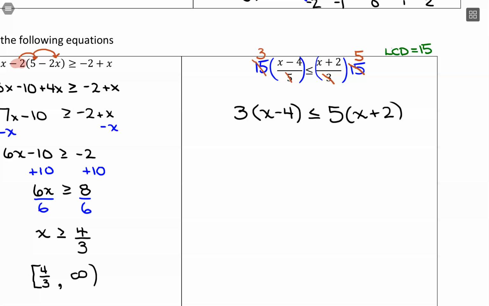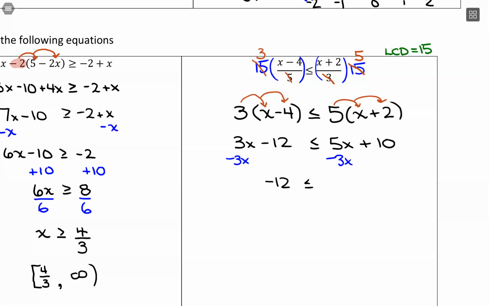Alright, so now I'm going to simplify both sides, so I'm going to distribute the 3 and distribute the 5. So 3x minus 12 is less than or equal to 5x plus 10. And I'm going to subtract 3x from both sides. Negative 12 is less than or equal to 2x plus 10.